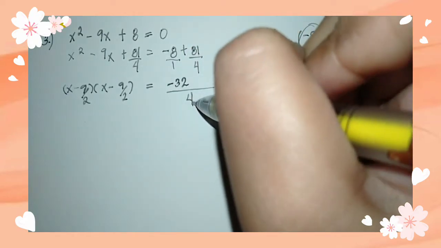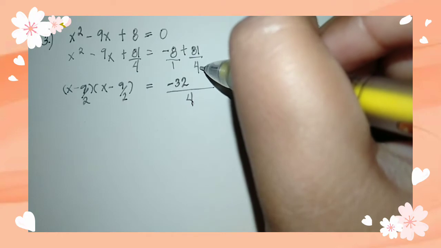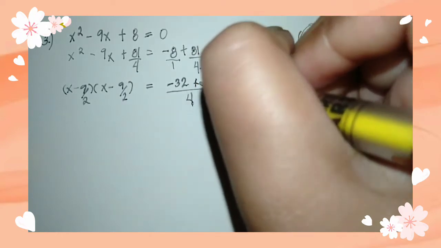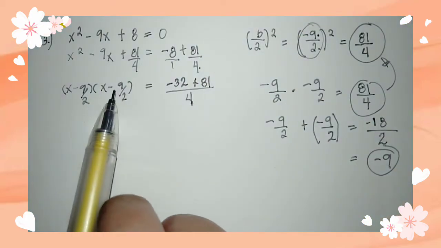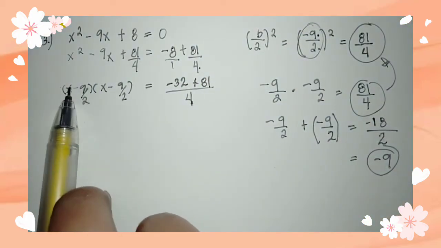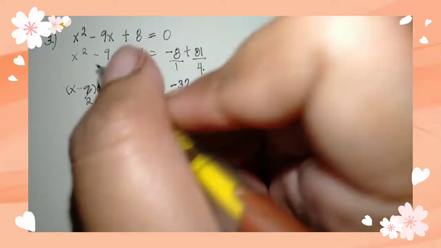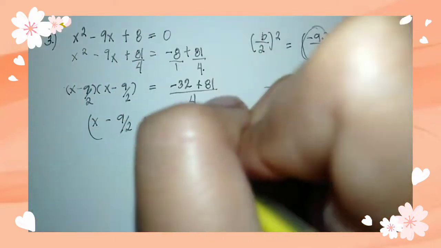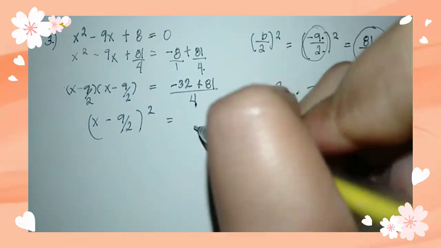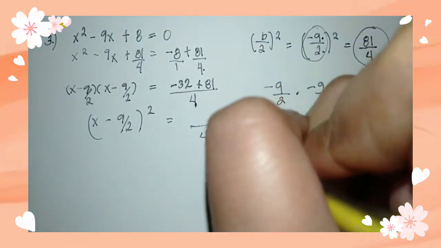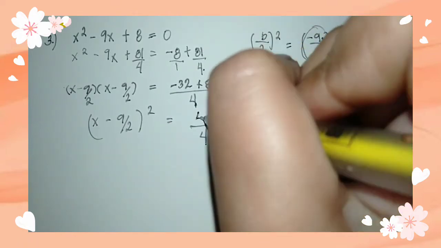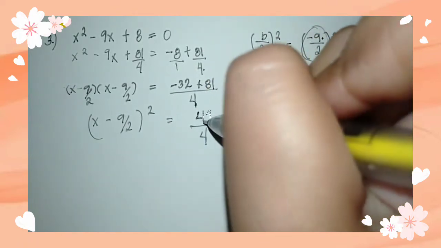And then 4 divided by 4 is equal to 1 times 81 is equal to positive 81. Tama? So, square na lang natin to since parehas lang naman silang x minus 9 over 2. So, we have x minus 9 over 2 squared is equal to, copy lang natin si 4, negative 32 plus 81 is equal to positive 49.